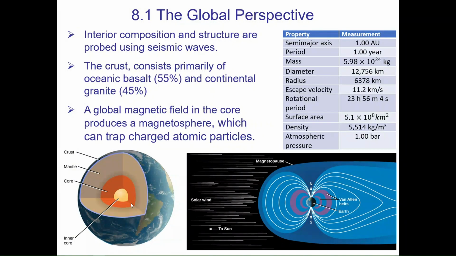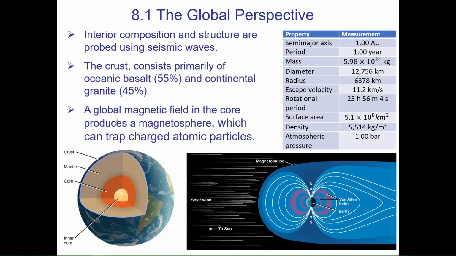As a result, if you have learned some physics, a current can produce what we call a magnetic field. Therefore, due to the liquid iron core together with the spinning, the Earth has a global magnetic field. And this magnetic field not only covers the surface of the Earth, but actually extends into a region surrounding us.